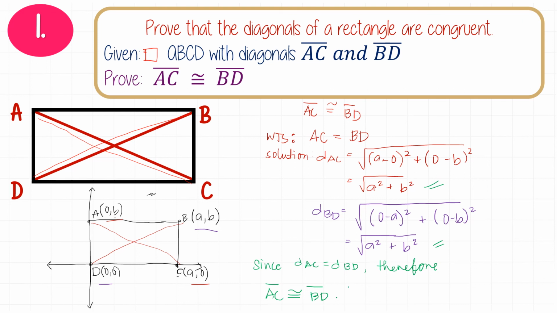Therefore, then, the diagonals, ang pangasulat, of a rectangle are congruent. And then we'll have this shaded box, shaded square, to denote that the proof is done. End of proof. Okay? So, ganun.